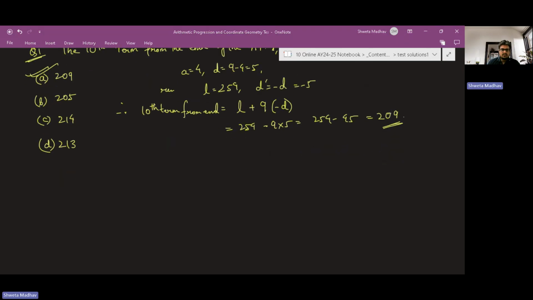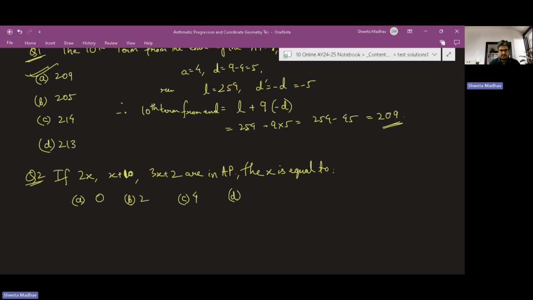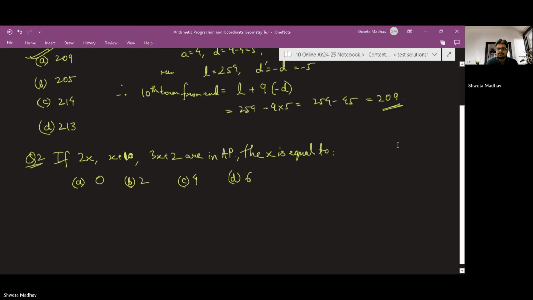Then in question number 2, it is told: if 2x, x plus 10 and 3x plus 2 are in AP, then x is equal to how much? So here the first option is 0, option B is 2, option C is 4, and option D is 6.